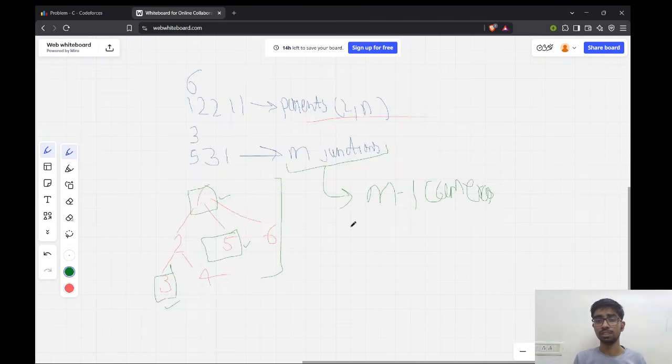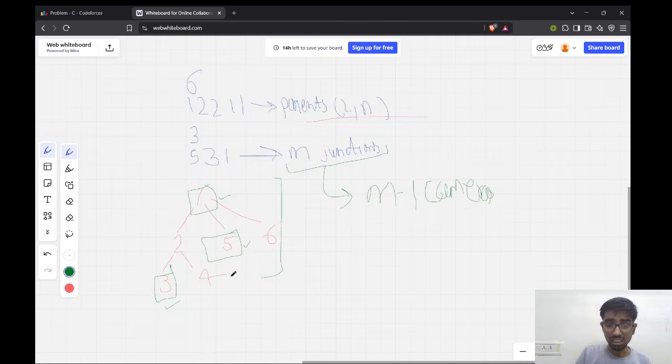What is the meaning of this? That means the player visited the first junction, on which the camera is not installed. So you can handle M junctions by applying M minus one cameras. Fine. Also, I have explained it well.